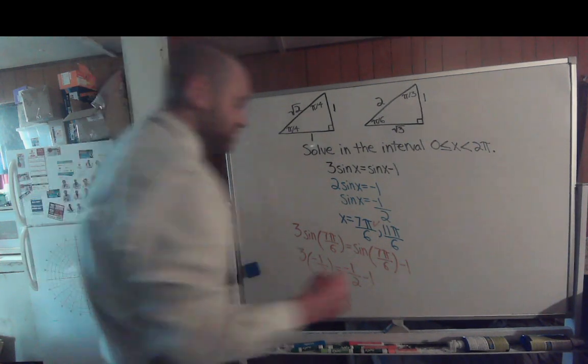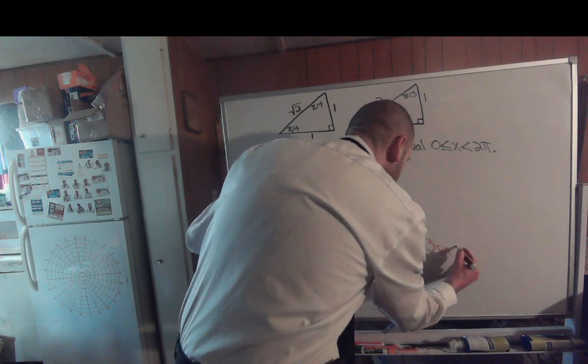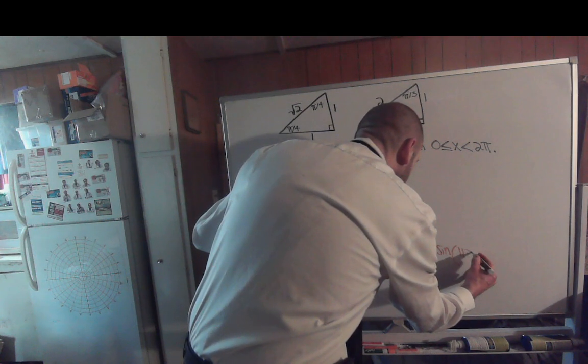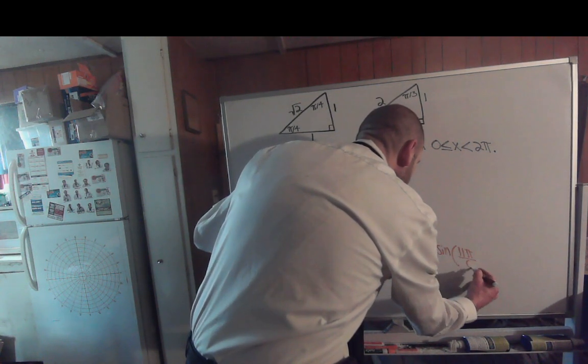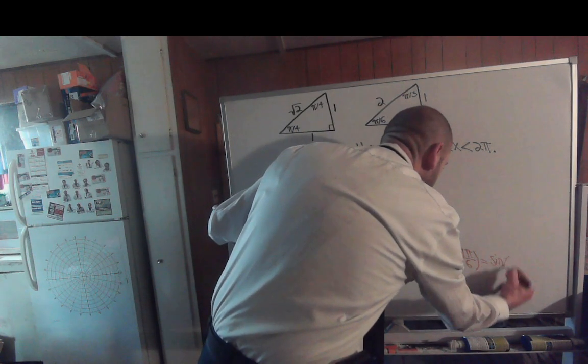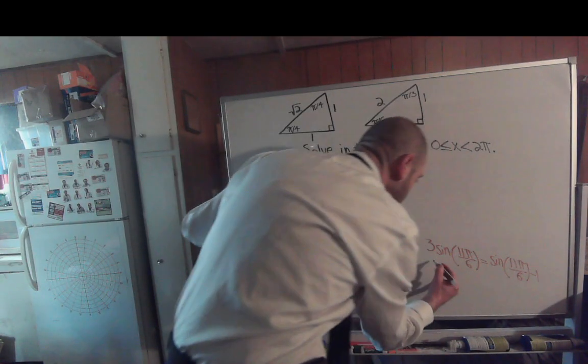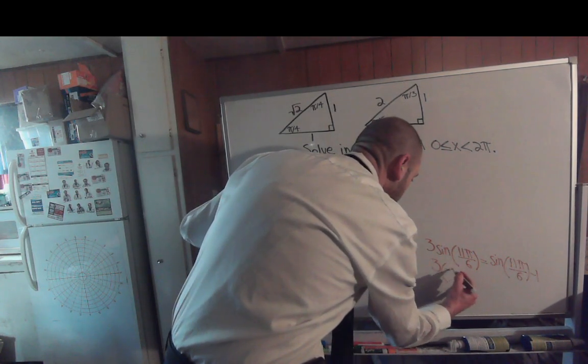Now we got to do the same with 11 pi over 6. So take 3 times the sine of 11 pi over 6, set it equal to the sine of 11 pi over 6 minus 1. So you would get 3 times negative 1/2.